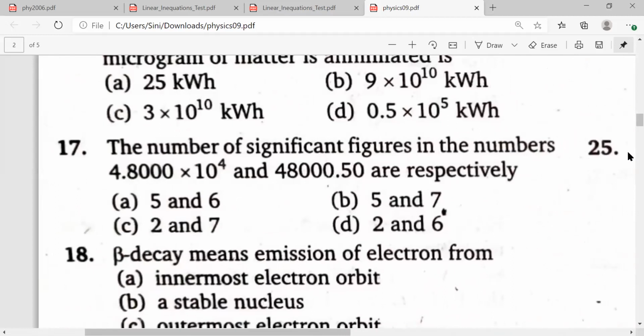The number of significant figures in the numbers 4.8 triple zero into 10 power 4 and 48 triple 0.50 are how much, respectively? Please do this as a test and let me know which is the correct option, both of you.